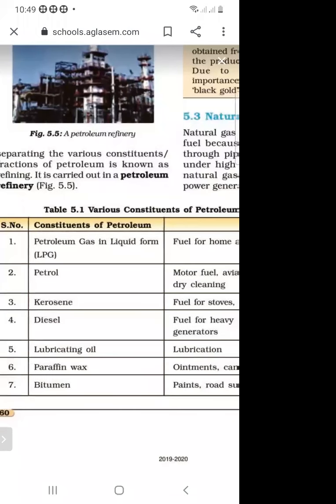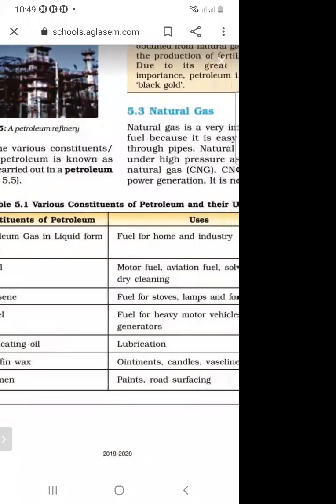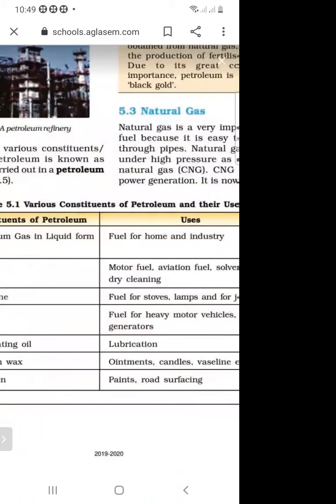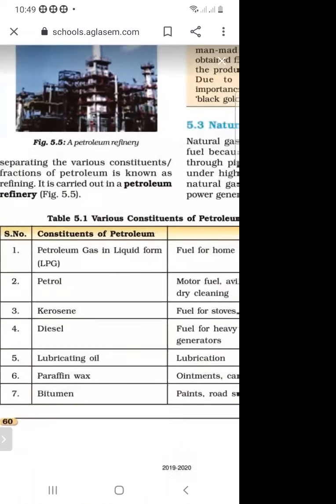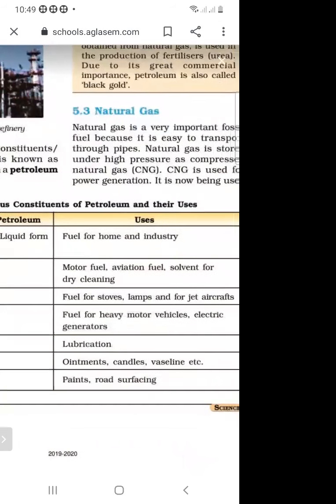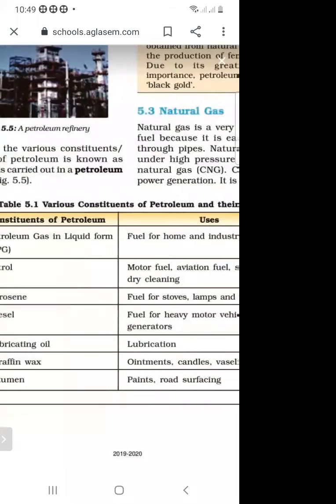And where do we use kerosene? Kerosene is used as fuel for the stove, lamp, and for jet aircraft. And next is diesel. What is the use of diesel? It is a fuel for heavy motor vehicles and electric generators.